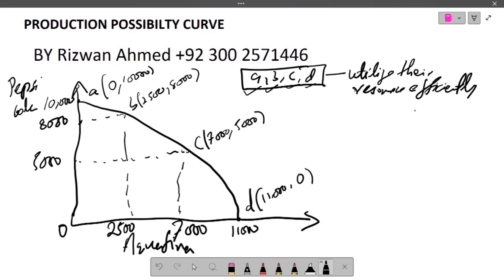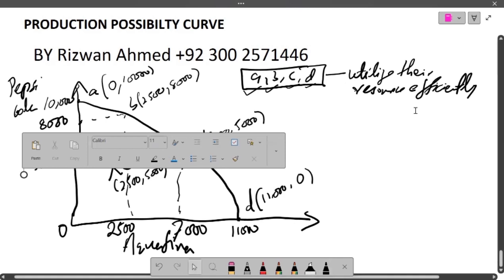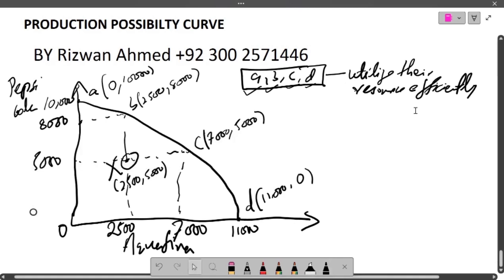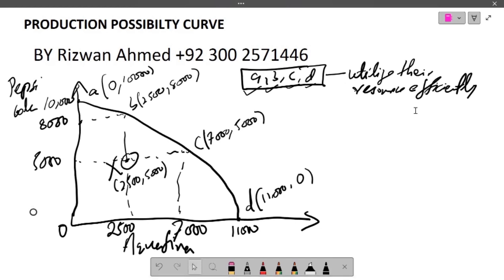So what about this point? Let's suppose the point is X. It shows Pepsi is producing 2,500 units of Aquafina and 5,000 units of Pepsi Cola. That means Pepsi has the ability that with 5,000 units of Pepsi Cola, they can produce 7,000 units of Aquafina, but they are producing only 2,500 units of Aquafina.